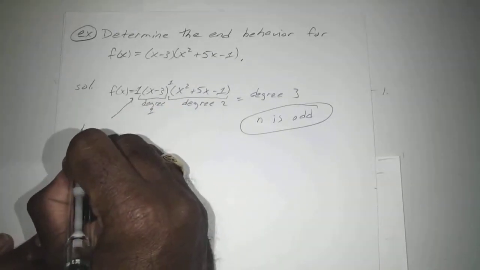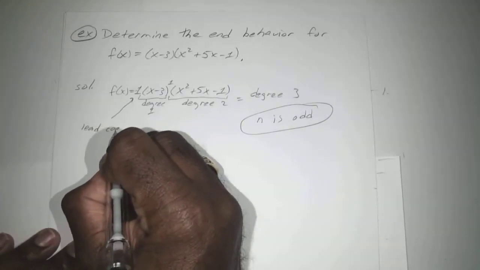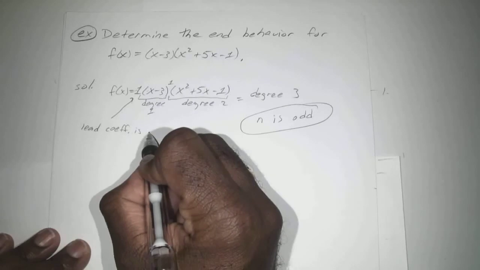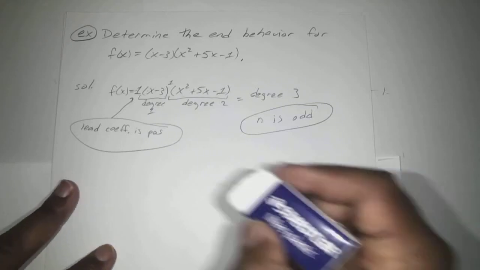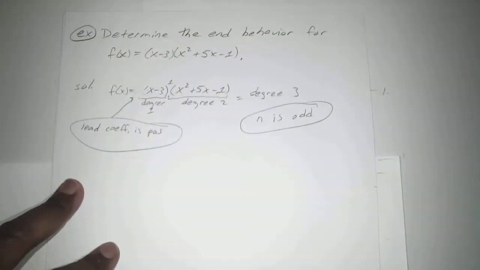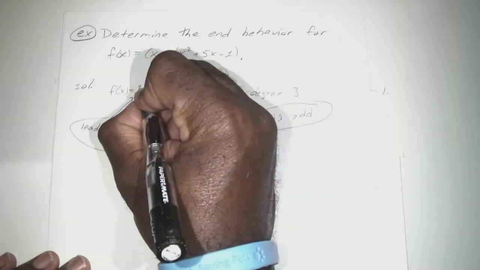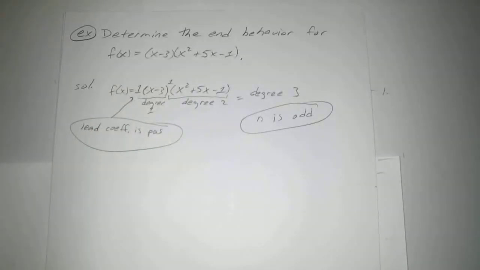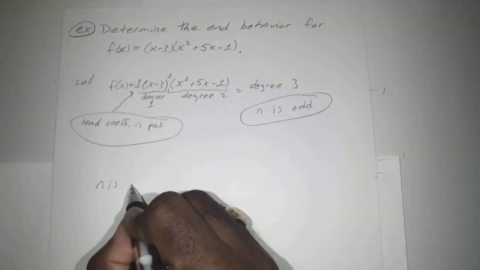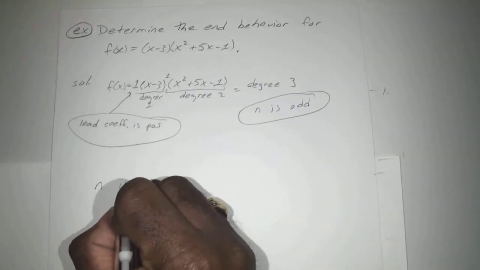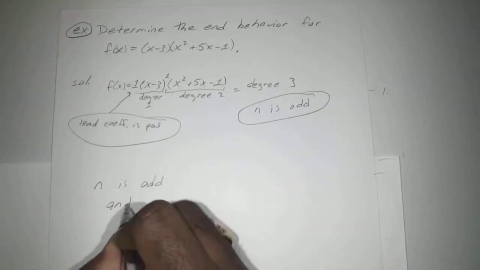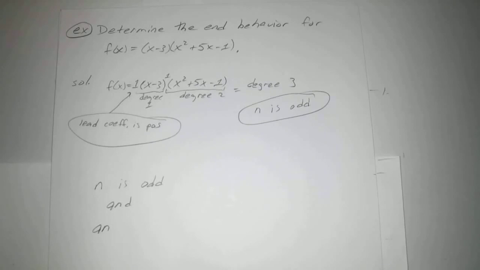Okay, so we know our lead coefficient is positive. It's just 1. I don't think I erased that equal sign as well as I should have. So we know that n is odd, and our lead coefficient is positive.